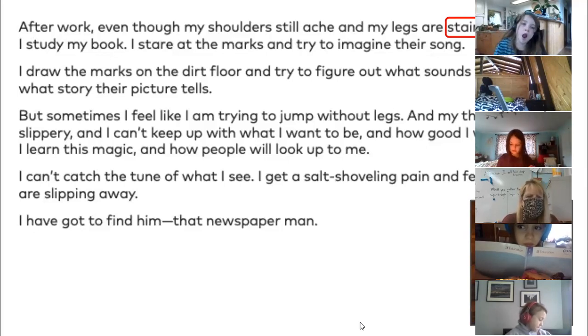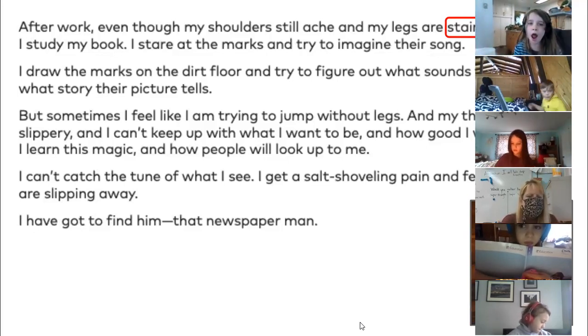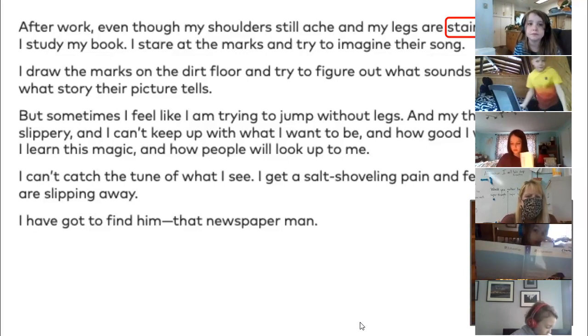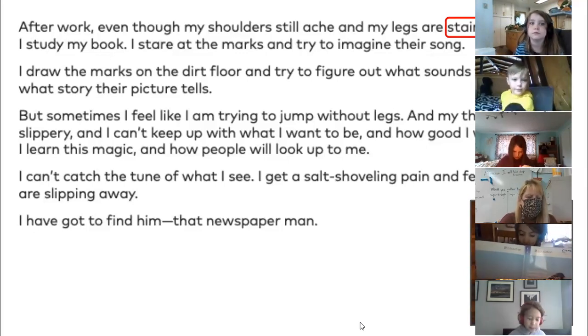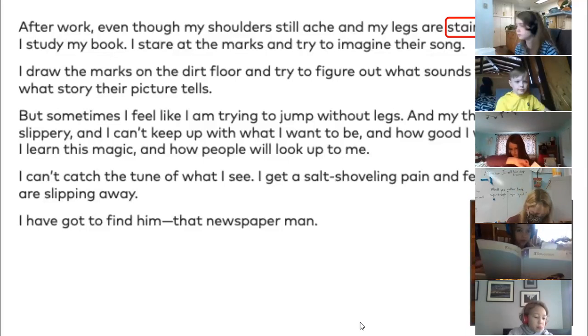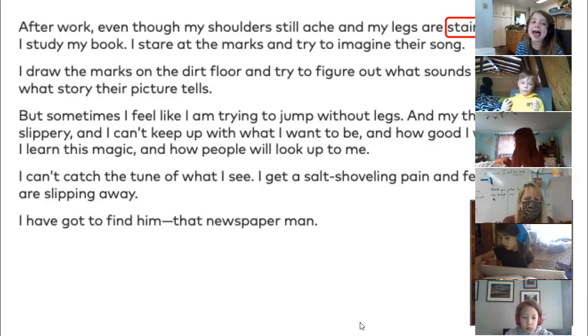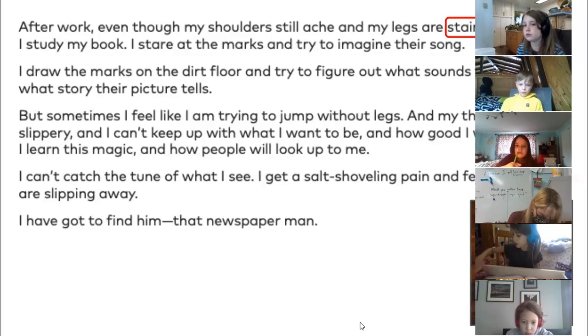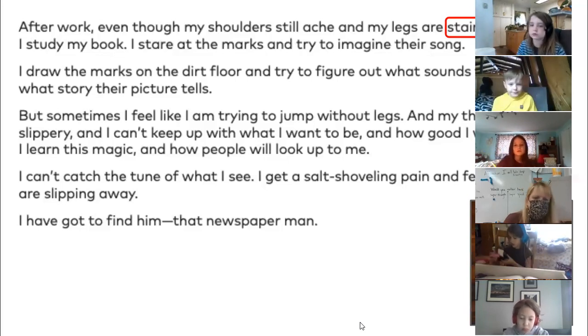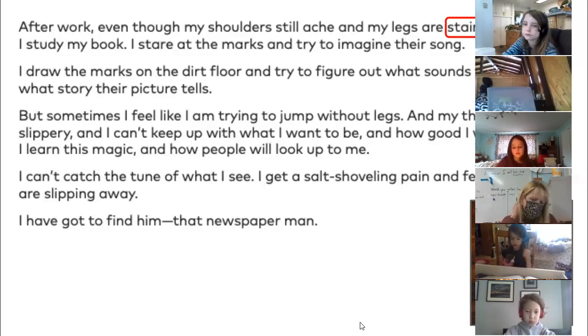But is he talking about a real pain right here? No. What kind of pain is he feeling when he thinks he's not going to be able to read? Marin? Very nice. Marin just said he starts to feel worried that his dream to be a reader is not going to happen.